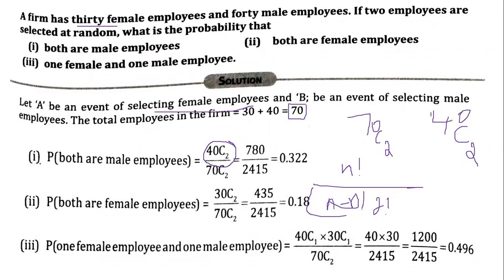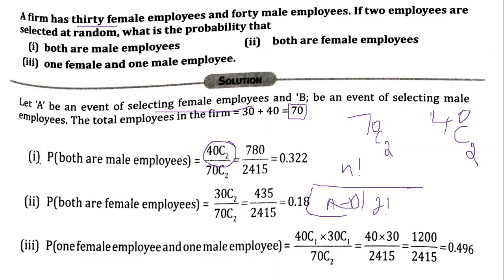So 30C2 divided by 70C2. The denominator will not change, only the numerator, since both are female employees.